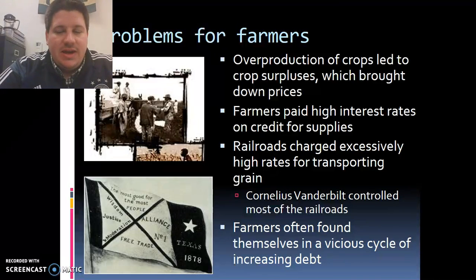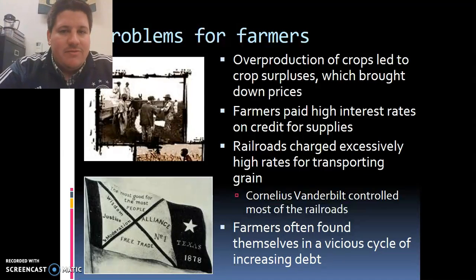Basically, technology had gotten so good at this point that farmers were producing more than they could sell at a livable wage. And on top of that, farmers were being taken advantage of by the banks because in order to produce this massive amount of crops, in order to compete, they had to borrow money to buy the supplies to produce these extra crops. And then they had to pay that money back with high interest rates.